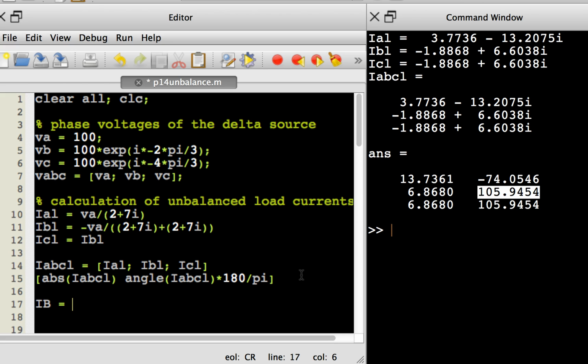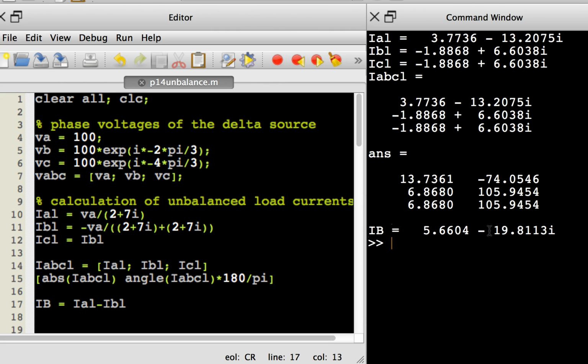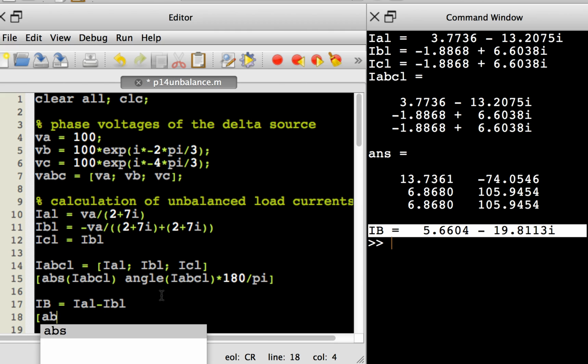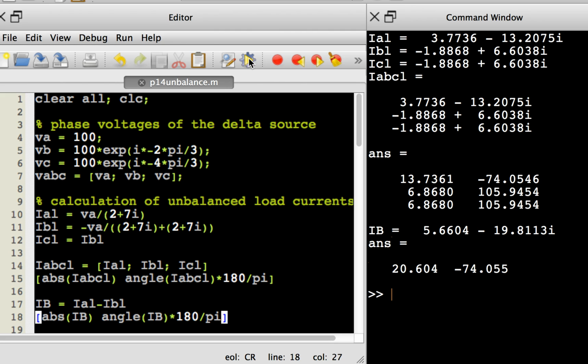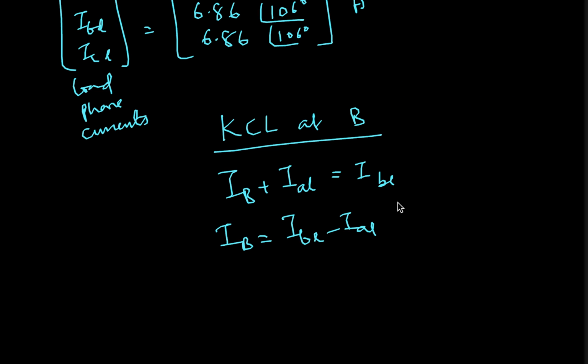I'm getting the current here, 5.66 minus 19.8. So I can again display the absolute value of IB, and I can display the angle of IB. 20.6 and minus 74 degrees.